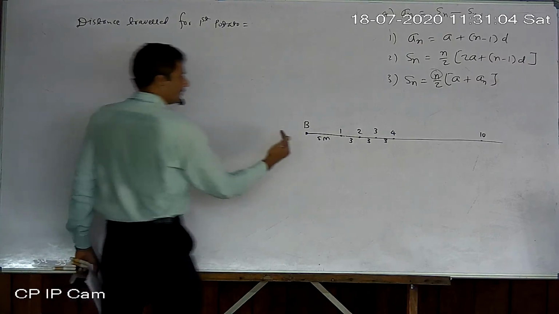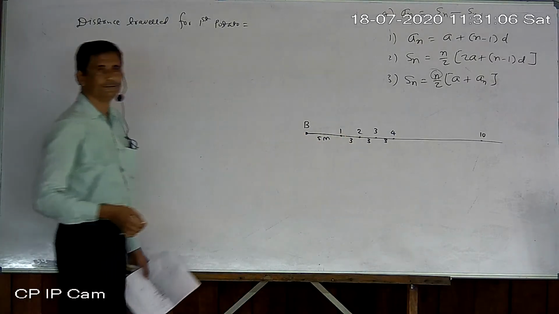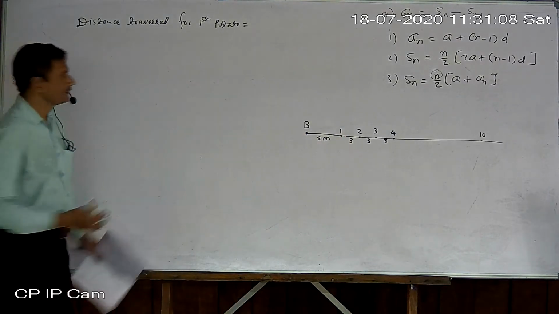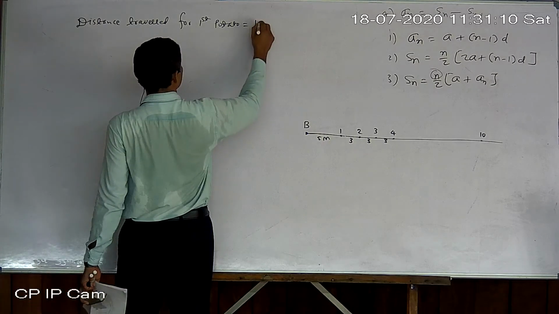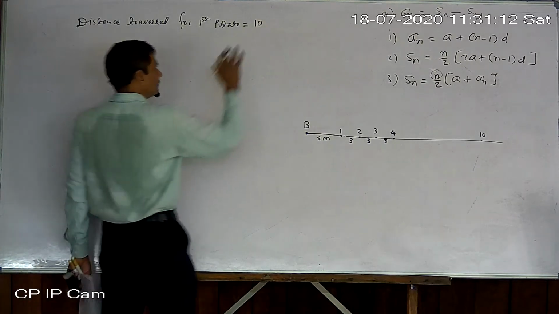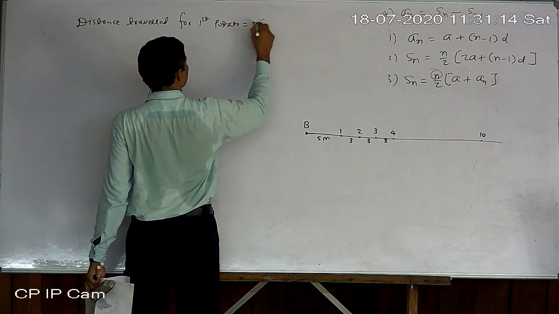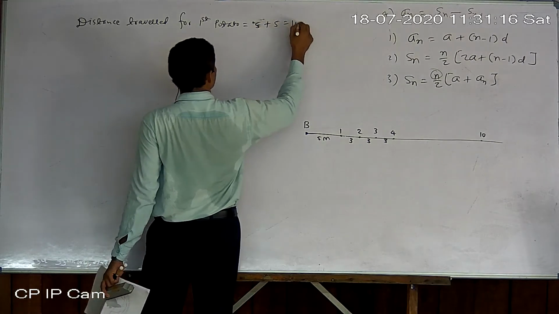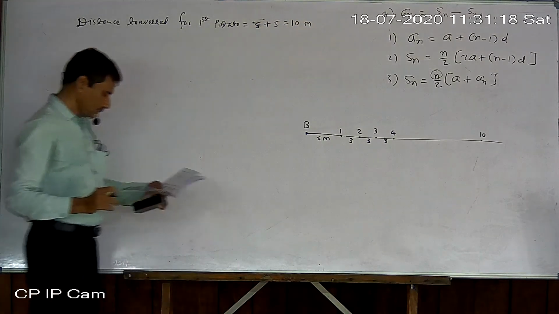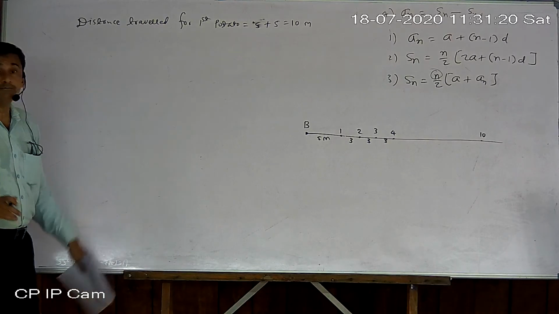Obviously 5 plus 5, so it is 10 meters. Why 10? 5 plus 5. The distance is given in meters only.